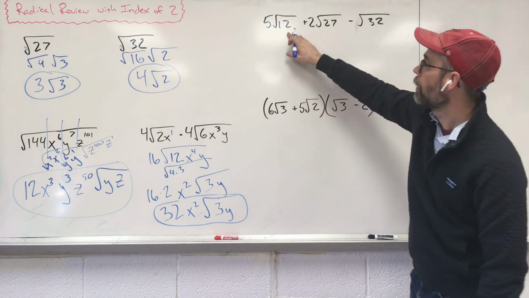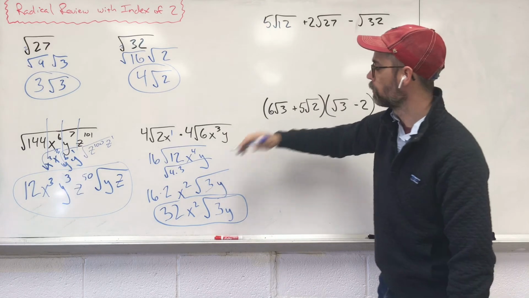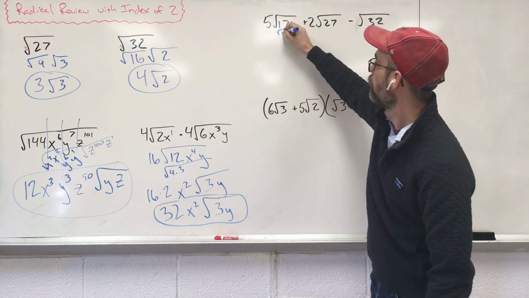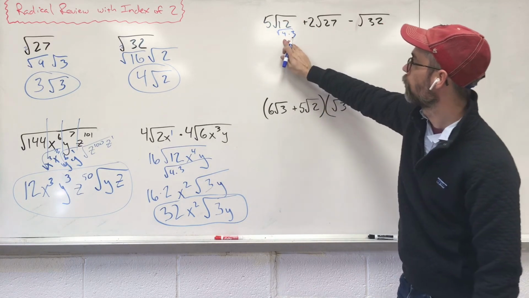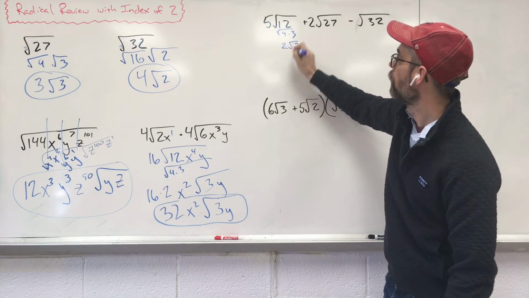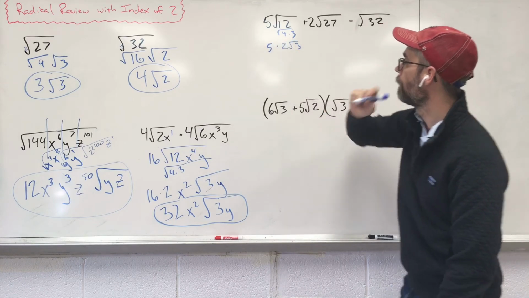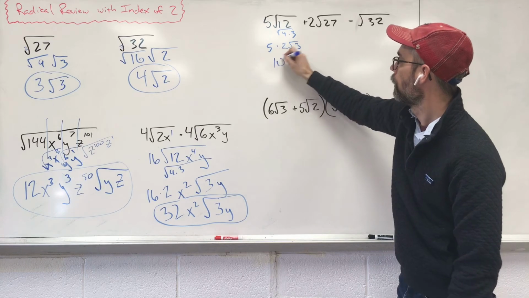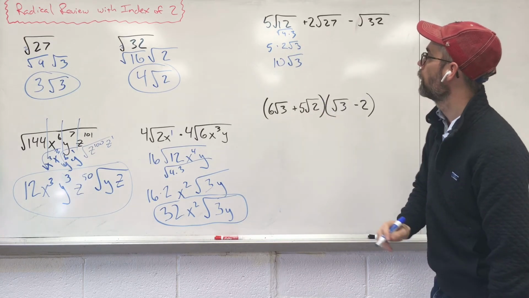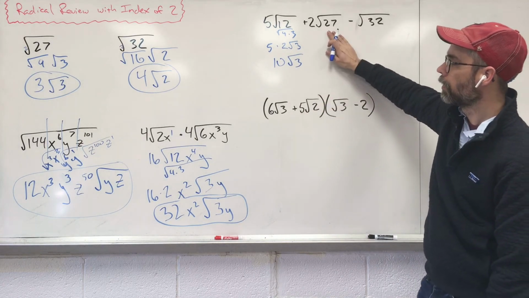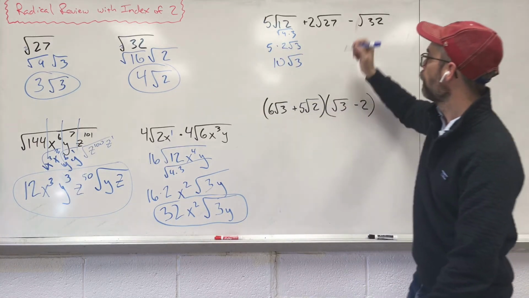So let's simplify. Square root of 12, well, we just know splits up into 4 and 3. 4 times 3, square root of 4 gives me a 2. And then I still have that 5 outside, giving me 10 radical 3. 27, we broke it up over there.